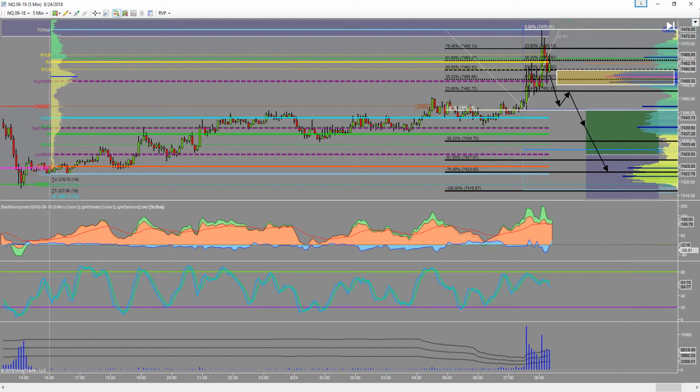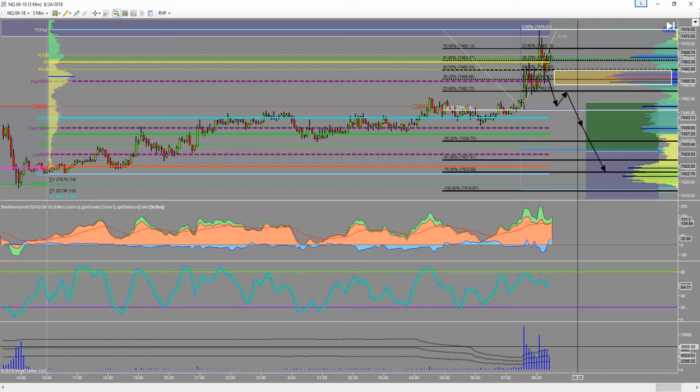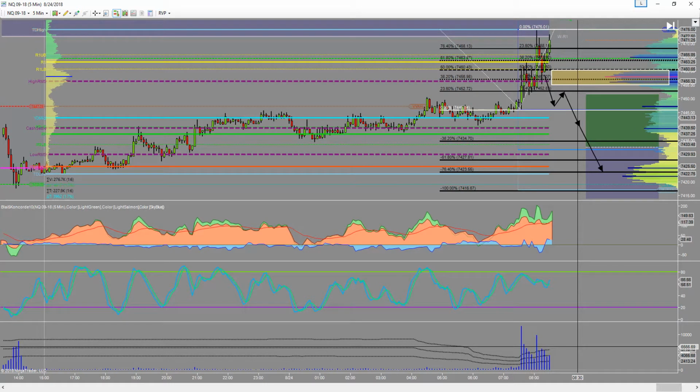So that means that we could be building. You can see this wick here that was built with the volume above the standard deviation, and then we have our market going up.